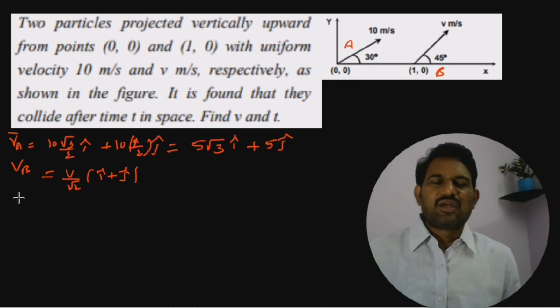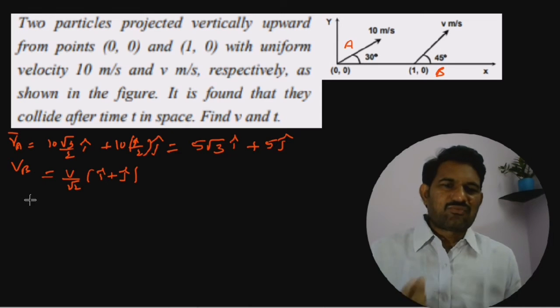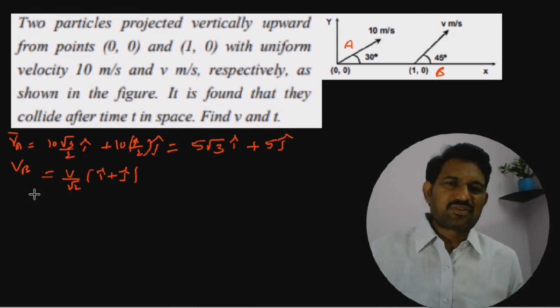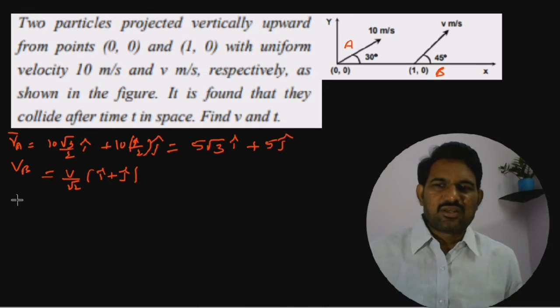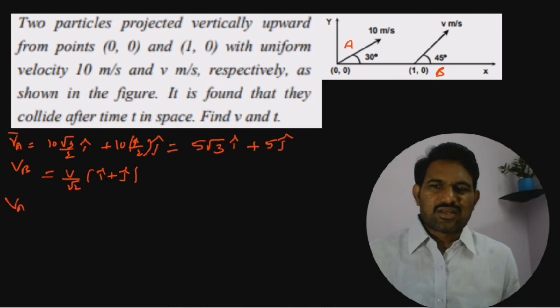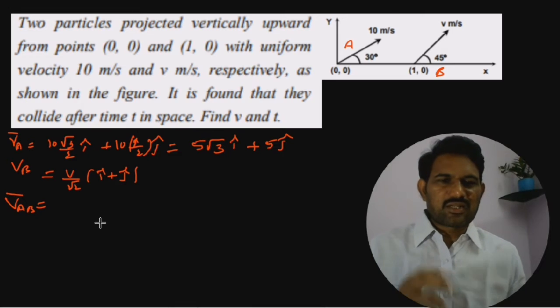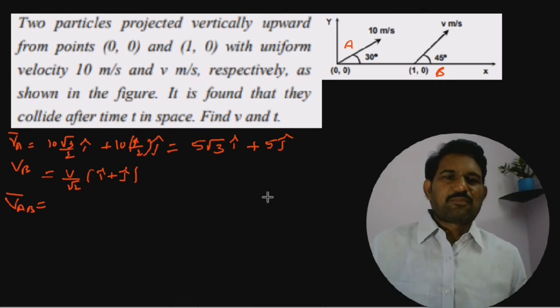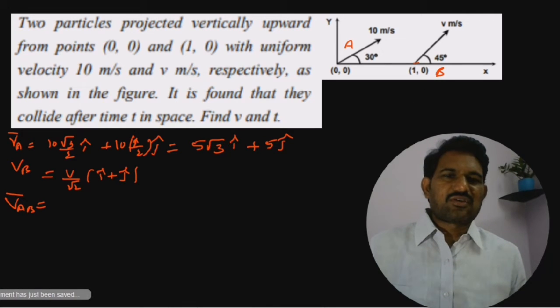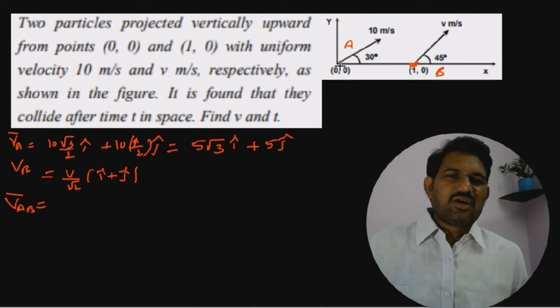Now let us find the velocity of A with respect to B or the velocity of B with respect to A. Any value you can find there. Suppose I am finding the velocity of A with respect to B. That means we are assuming particle B is at rest. Now this velocity of A must be directed along this direction here.